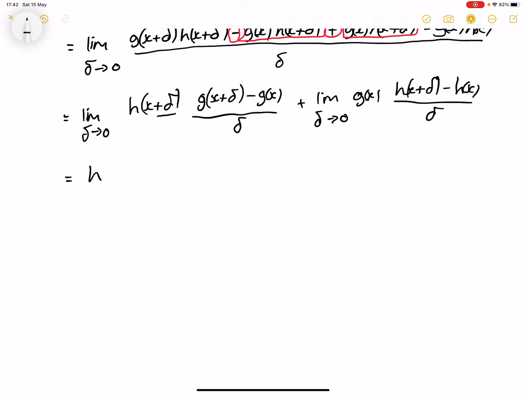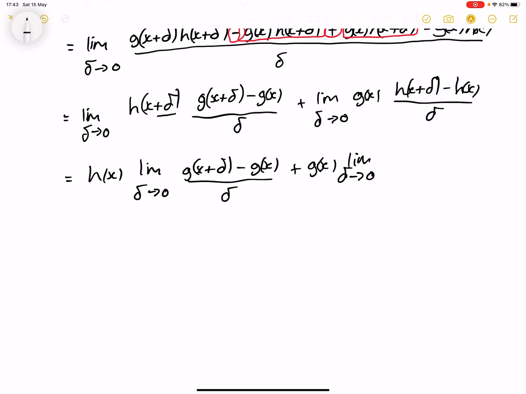So I'm going to put h of x on the outside because it's a constant, and so it's not affected in the differentiation. So h of x times the limit as delta tends to 0 of g of x plus delta minus g of x, all over delta, plus g of x times the limit as delta tends to 0 of h of x plus delta minus h of x, over delta.